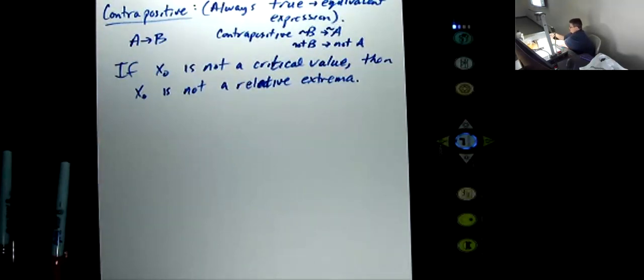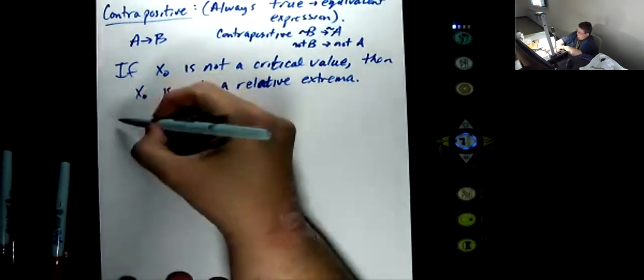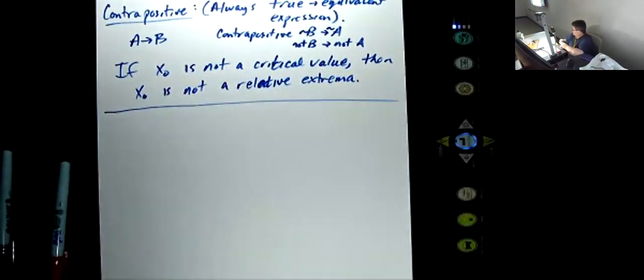What can we do with this stuff? So let's look at where we have cases with critical points.